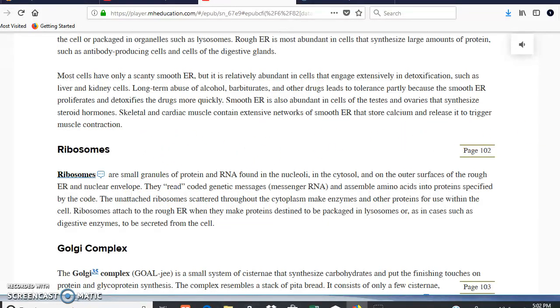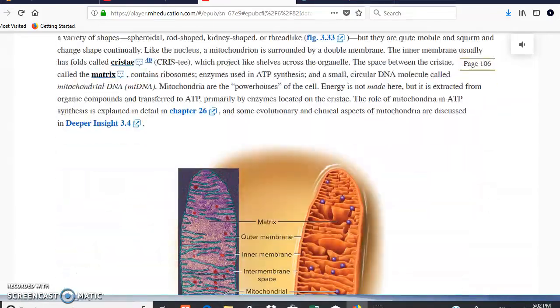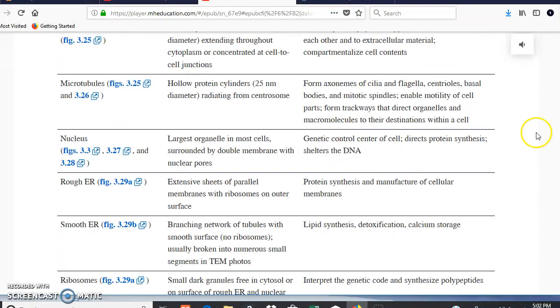Okay, so you can look at that, but if we scroll down, we can see a table where we have a summary of all these structures. So right there, you can see all the structures that you have inside the cell membrane. We talk about the microtubules, the nucleus, the rough endoplasmic reticulum, right, which are like tubes that have ribosomes on top of them, and they are important because they are related to the synthesis and transportation of proteins.